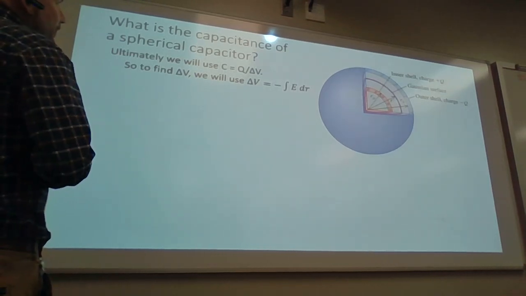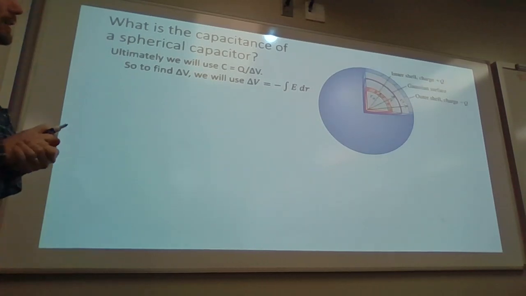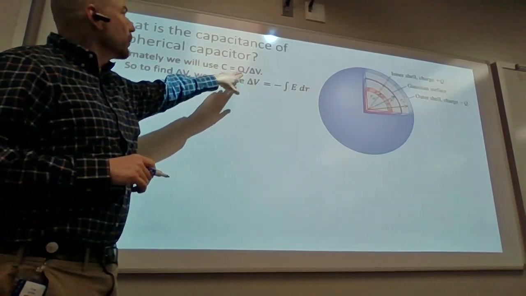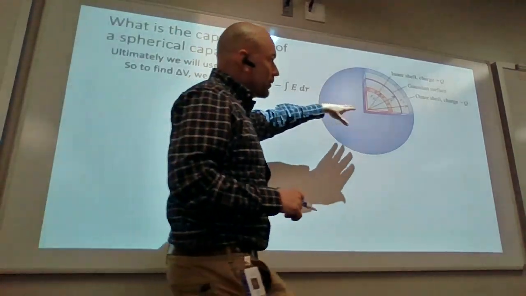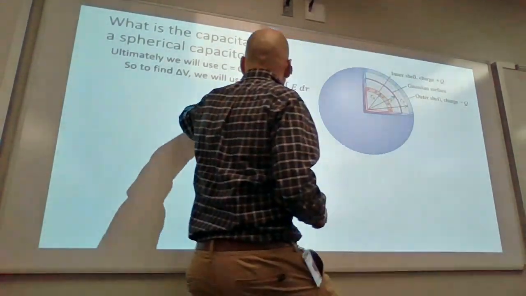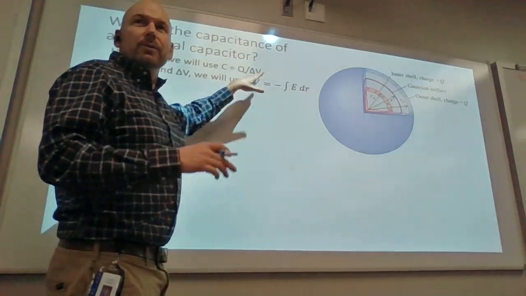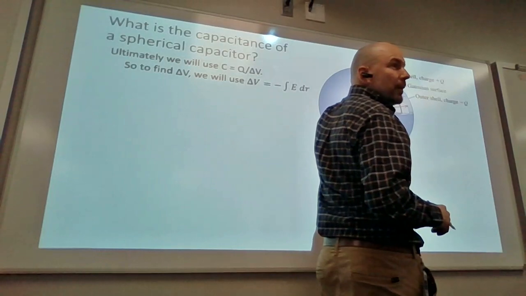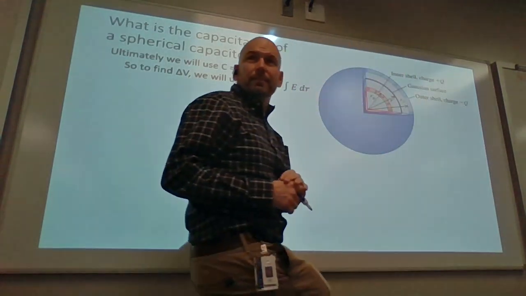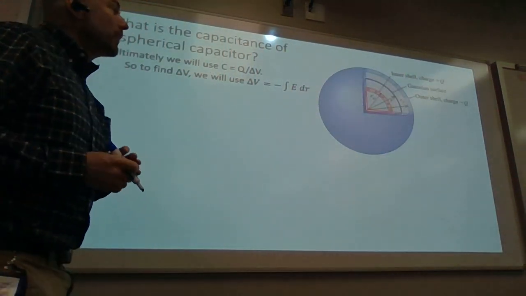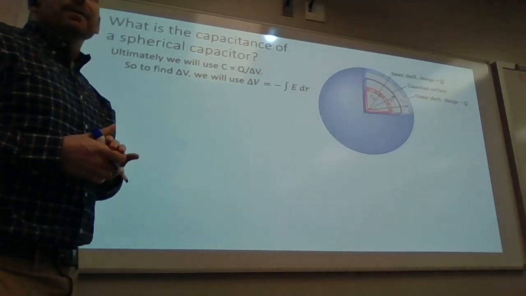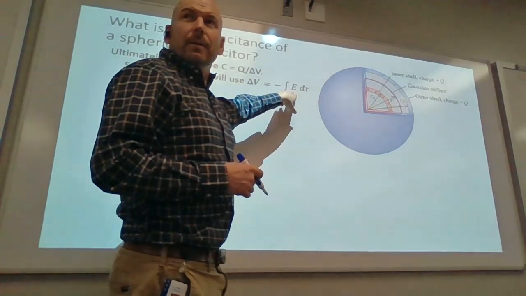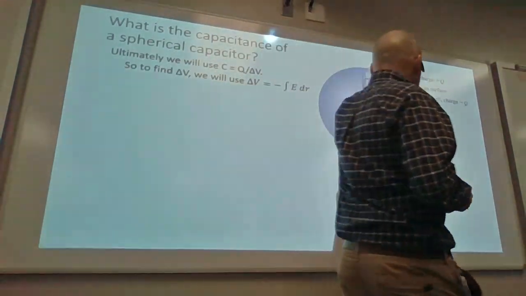Okay, so our strategy is this. In order to find the capacitance, we're given the charge plus Q, minus Q. So we need to find the electric potential difference between the two shells, from this point to this point. So we're going to need to find the electric field in this gap here.